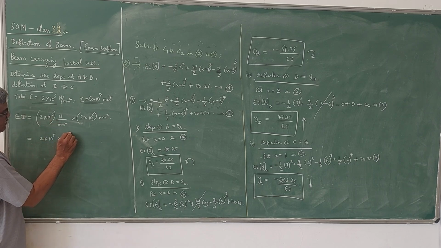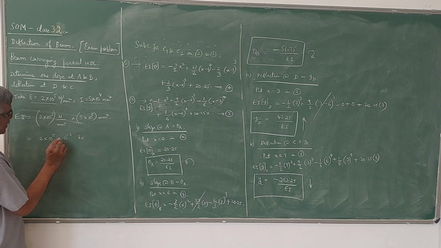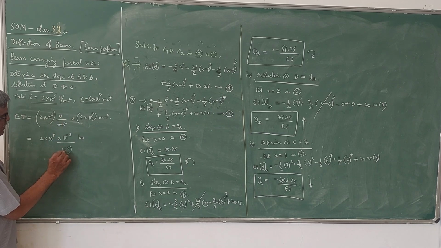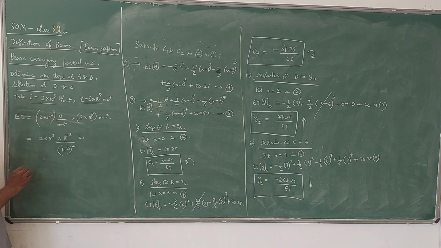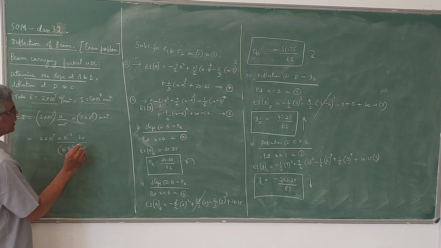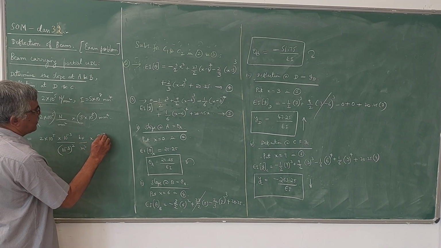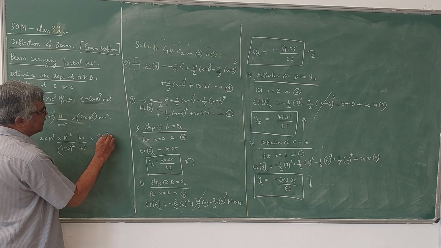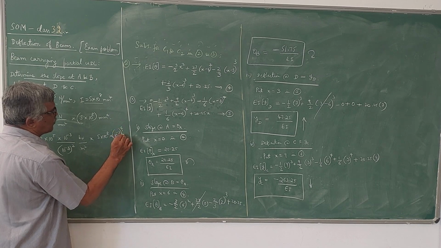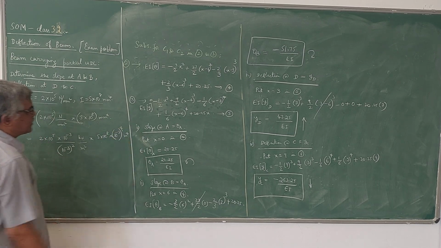Newton to kilonewton is 10 power minus 3, so it becomes kilonewton divided by millimeter to meter, which is 10 power minus 3 squared, since 1 mm is 10 power minus 3 meter. So this becomes kilonewton per meter square into 5 into 10 power 8 into 10 power minus 3 meter, to the power 4. So this is the conversion.